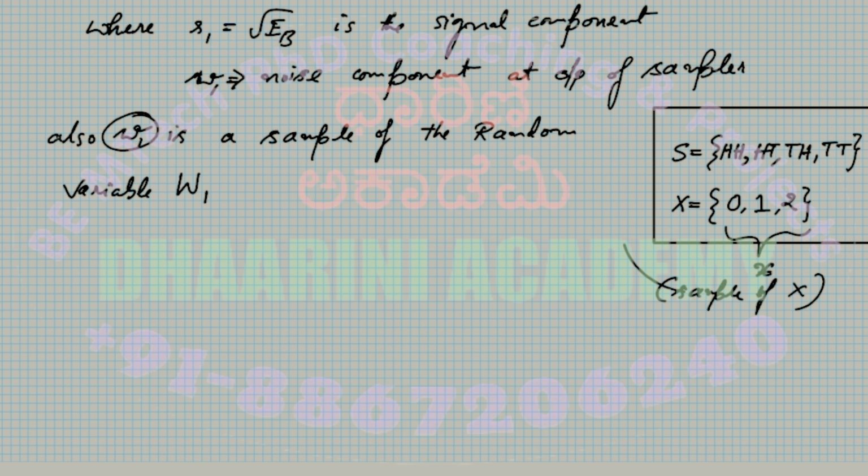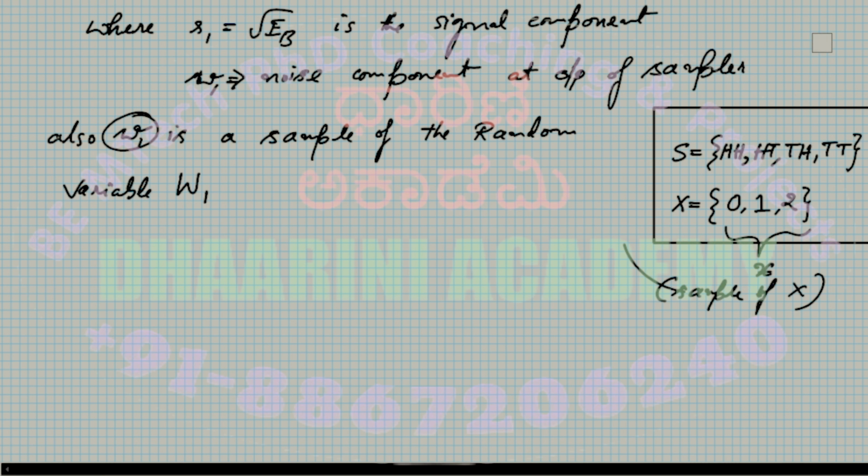Now let's say small x1. Because there is randomness present in the received signal, the small x1 which we have written earlier becomes one of the sample values of all the possible outcomes of the capital X1.